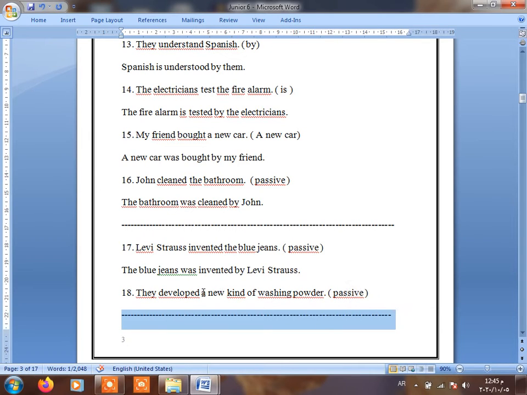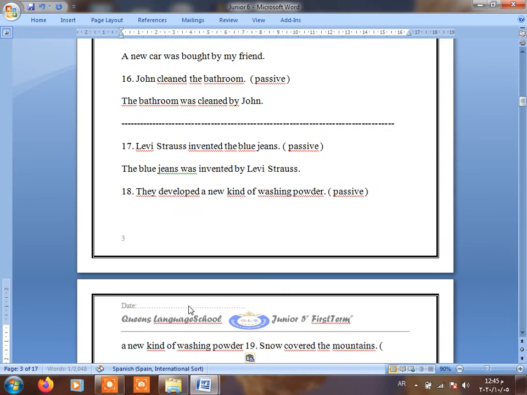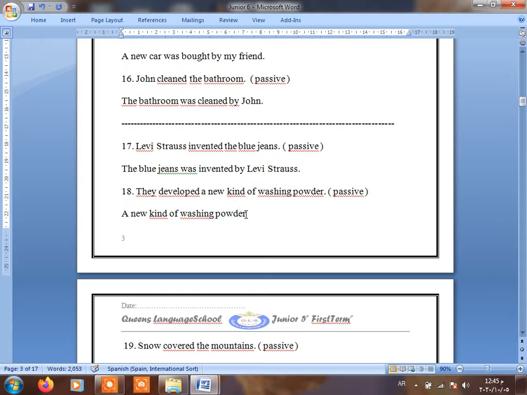So I will start my sentence with a new kind of washing powder. We say it's in the past simple, so we must make it "was". So a new kind of washing powder was developed by them.